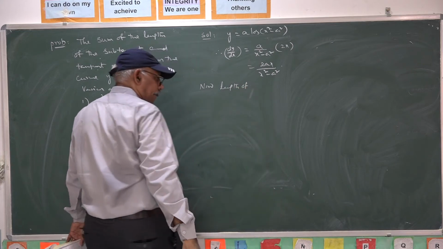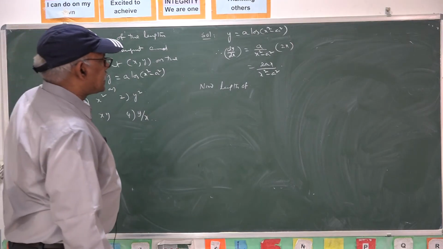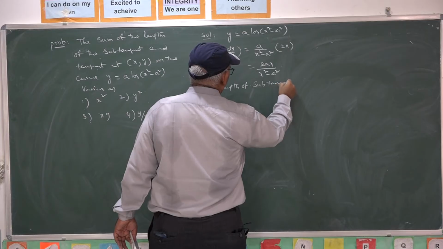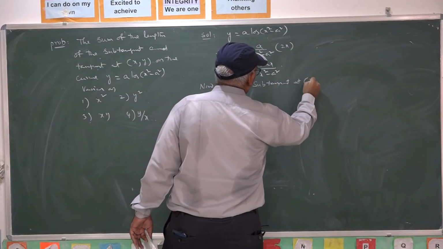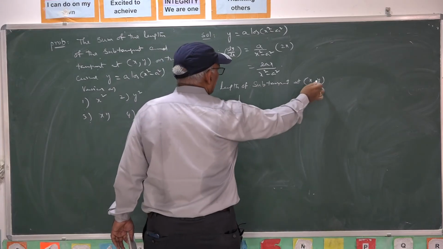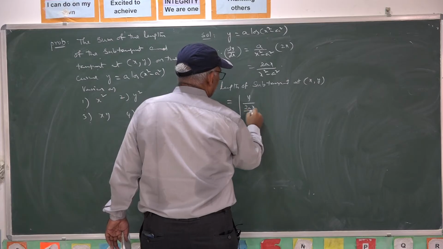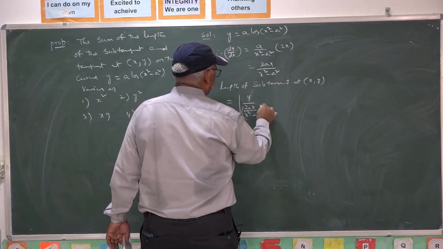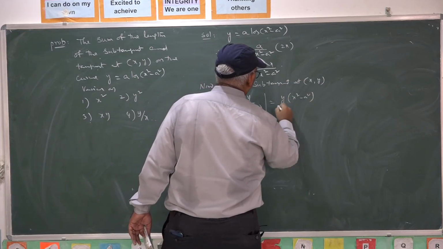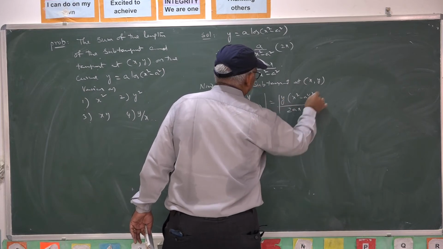Now the length of subtangent at x comma y to the curve is modulus of y by m, that is y by 2ax by x square minus a square. That gives us y into x square minus a square by 2ax.